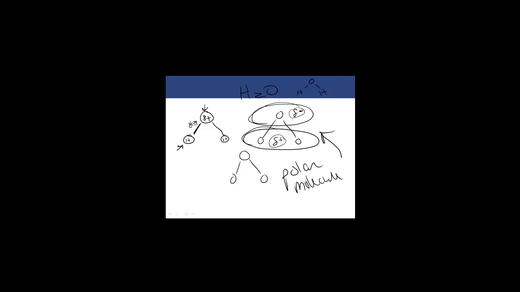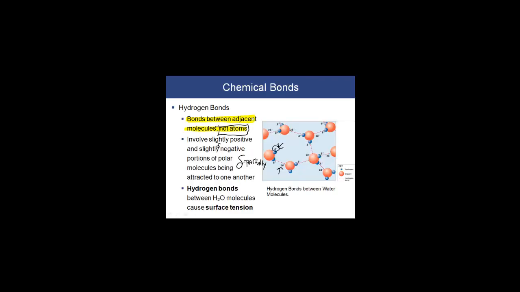In the case of hydrogen bonds, and I'm going to back up one slide, a hydrogen bond is basically the attraction between the partially positive end of a polar molecule and the partially negative end of another polar molecule. And here we have water again. The very large red sphere represents oxygen, and the 2 smaller blue spheres are the hydrogens.